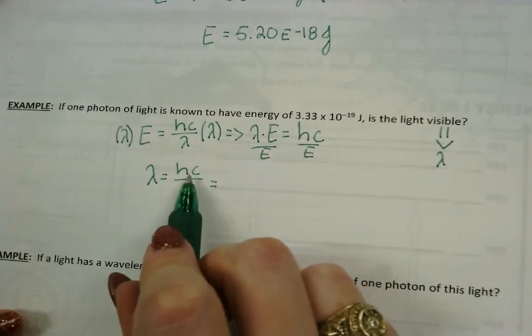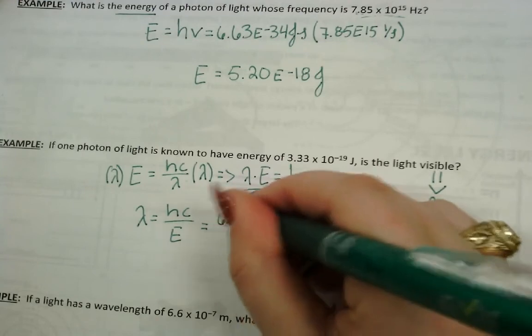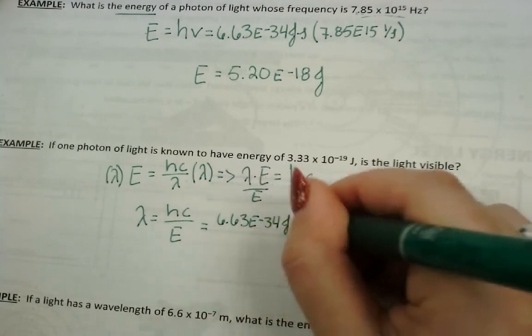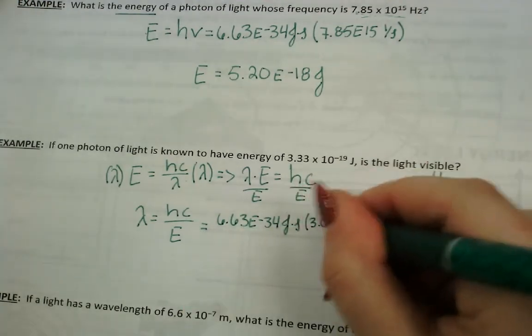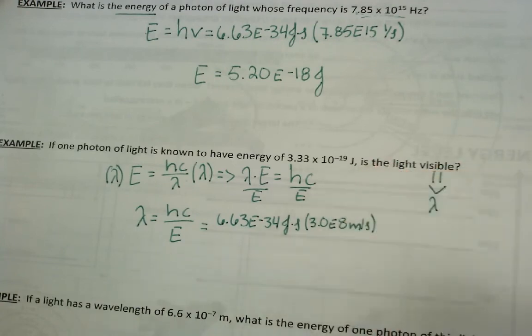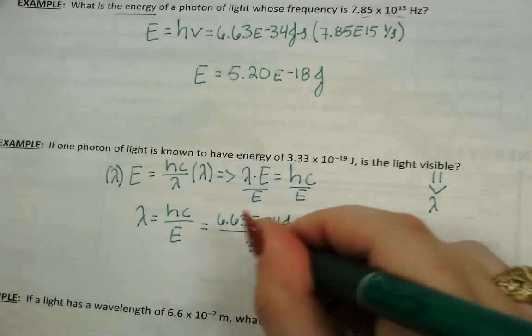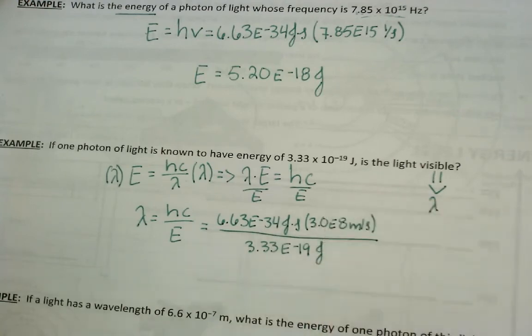If we remember, h is 6.63 e to the negative 34 joule seconds. c is speed of light. That's 3.0 e to the 8th meters per second. All over energy, which is 3.33 e to the negative 19 joules.